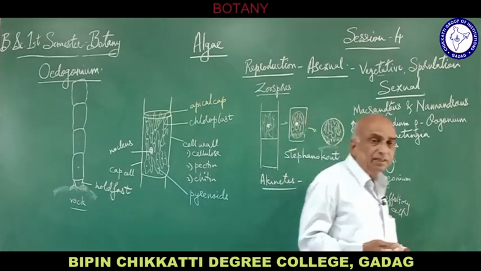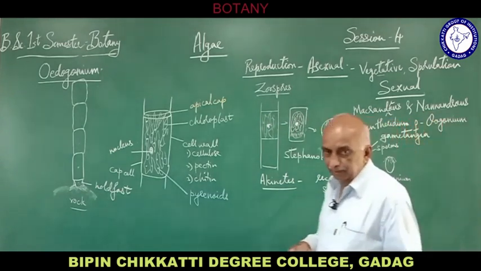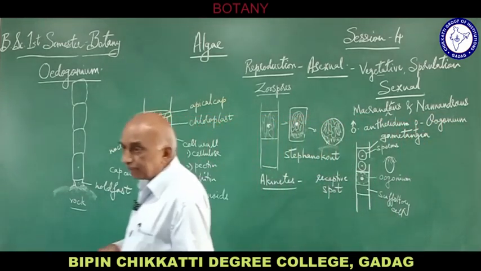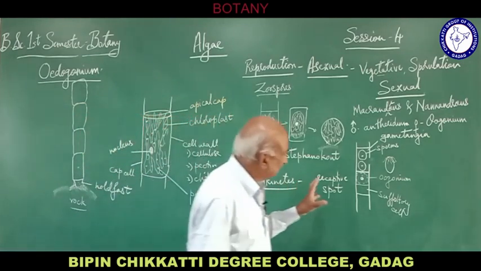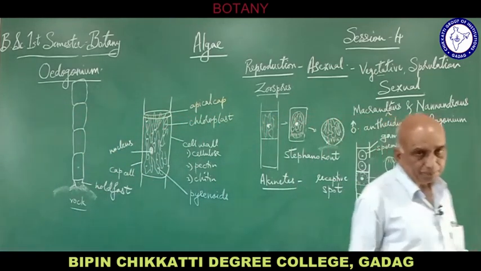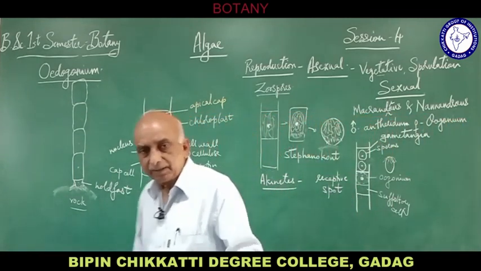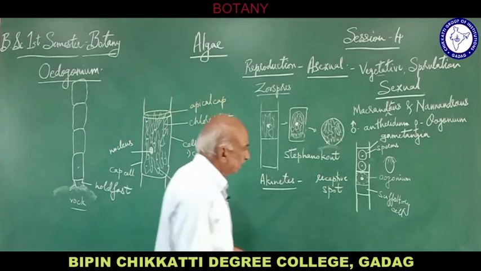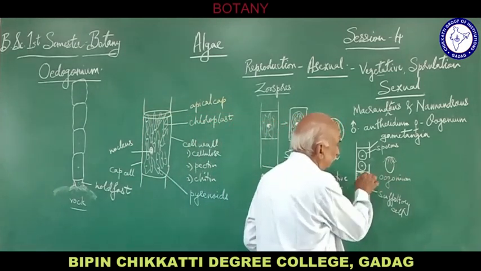So one of the sperms will enter into the egg through the receptive spot. The receptive spot is the region through which the sperms are received by the egg. And when the sperm enters into this receptive spot, fertilization takes place in the oogonium.